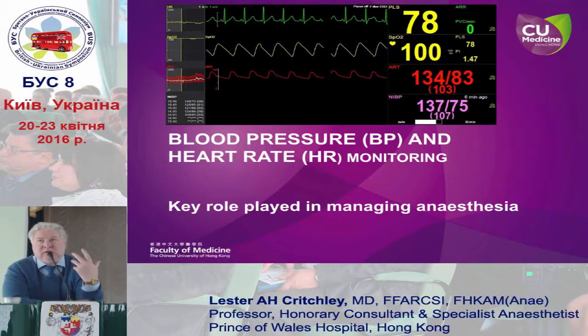I wanted to start first with the idea that anaesthetists use blood pressure and heart rate monitoring to manage their anesthesia. And if we think about it, we use blood pressure to control the amount of anesthetics we give to control depth of anesthesia intraoperatively.